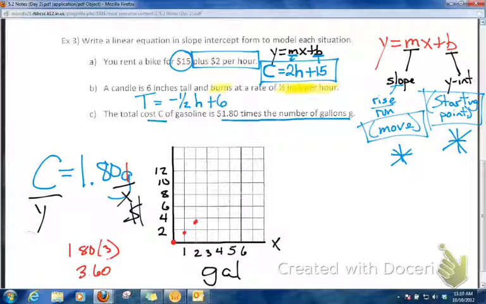That's going to be $5.40. So 3 gallons cost me $5.40, somewhere in there. And you see this graph is going to look something like this. So there you have it. There's the rest of 5-2 graphing and slope-intercept form.